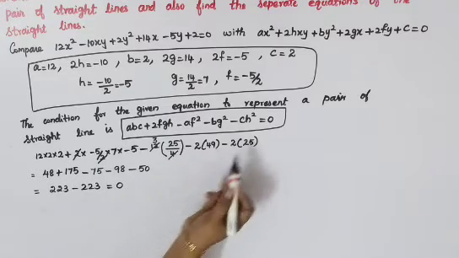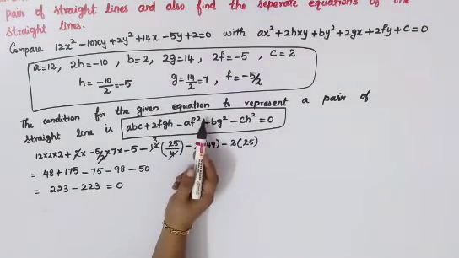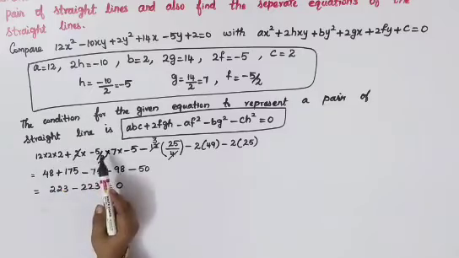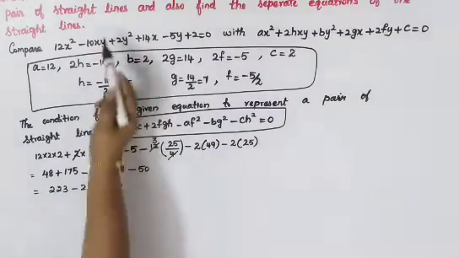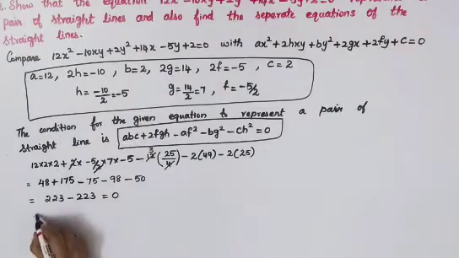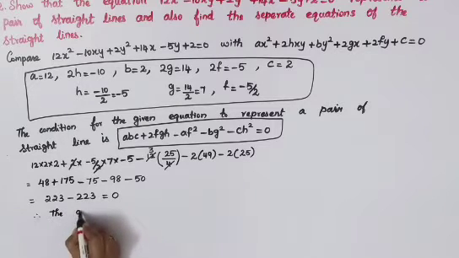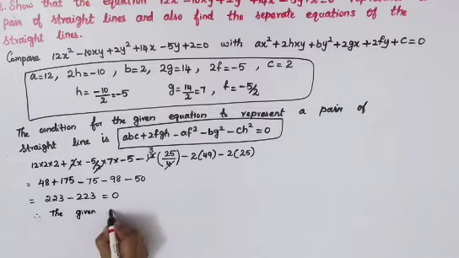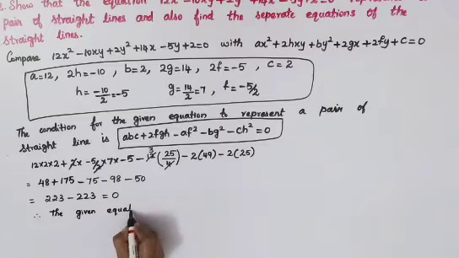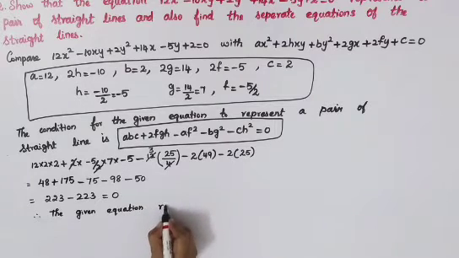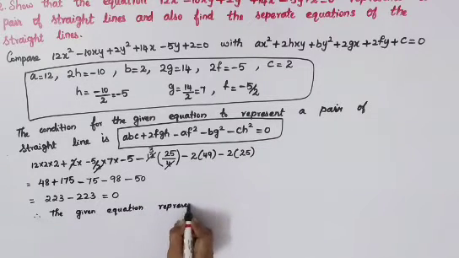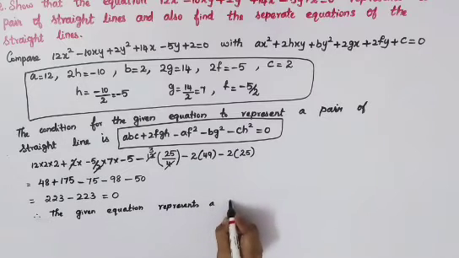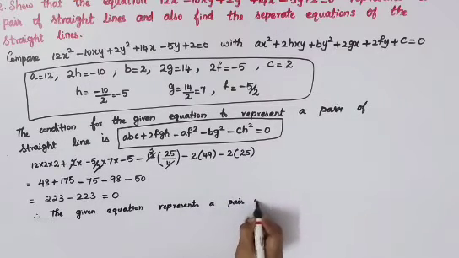So since we have got 0, therefore the given equation represents a pair of straight lines. That is what we had to prove in the first subdivision.